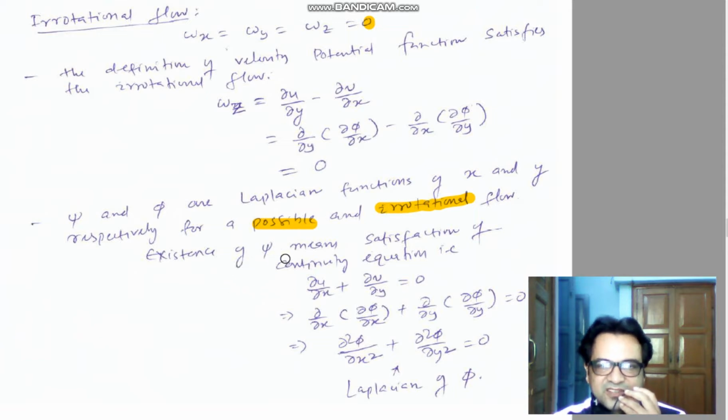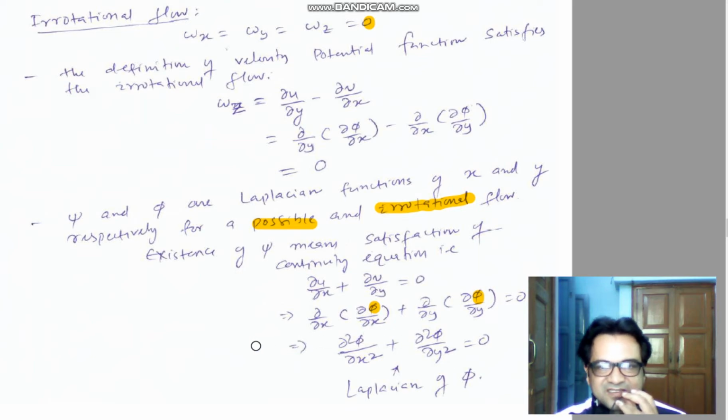Existence of psi means satisfaction of the continuity equation. So this is the continuity equation. Now put u and v in terms of phi. So this is 0. So what is this? Del square phi by del x square plus del square phi by del y square equal to 0. So this expression is nothing but the Laplacian of phi in 2D.